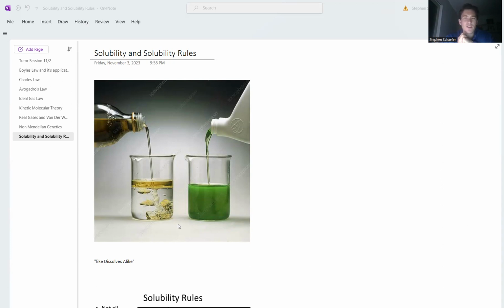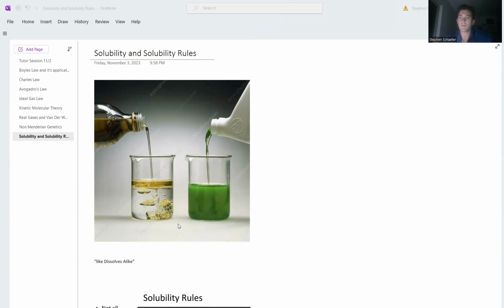But what about oil and oil? So that's going to be okay. And that's where we come to our "like dissolves like." So if we have oil in a cup and then we pour oil into that, that's going to be cohesive with each other. They're going to mesh because they're both nonpolar.